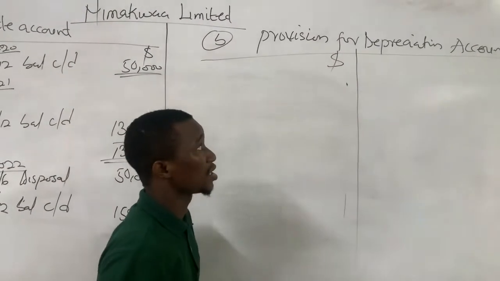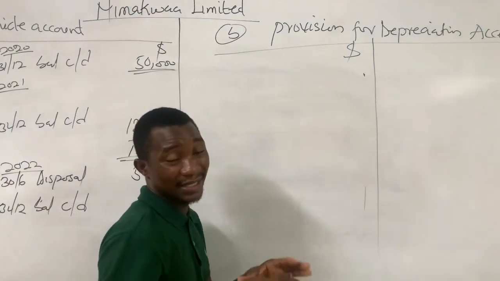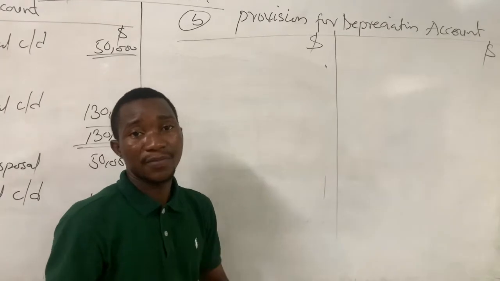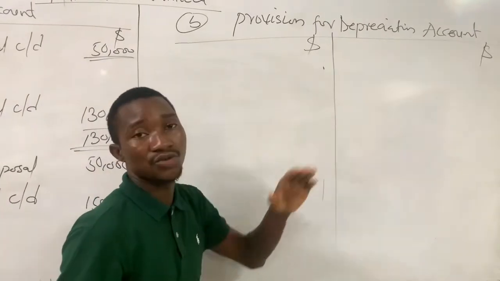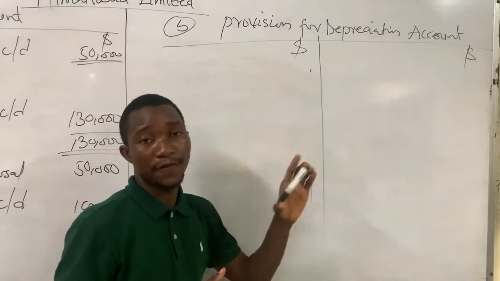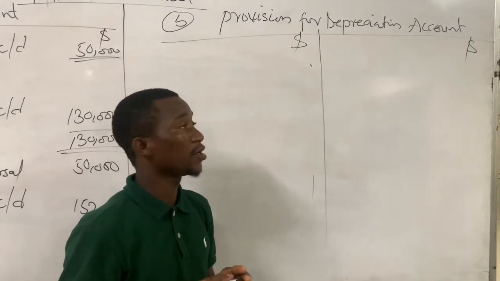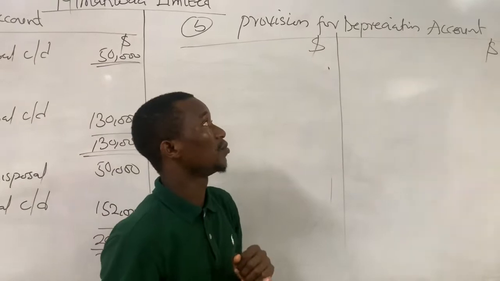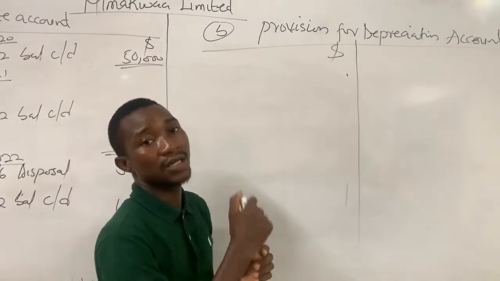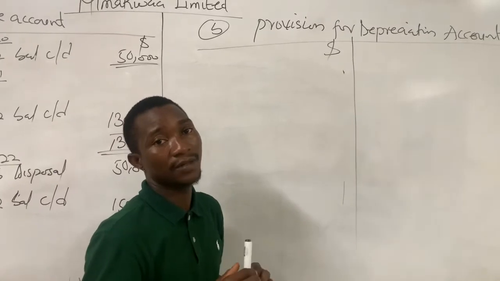This provision for depreciation account, what it does is that at the end of every year, the annual depreciation will be credited to the provision for depreciation account in the name of the income statement or the profit or loss account. So we credit provision for depreciation account in the name of profit and loss account, then we debit profit and loss account in the name of the depreciation.